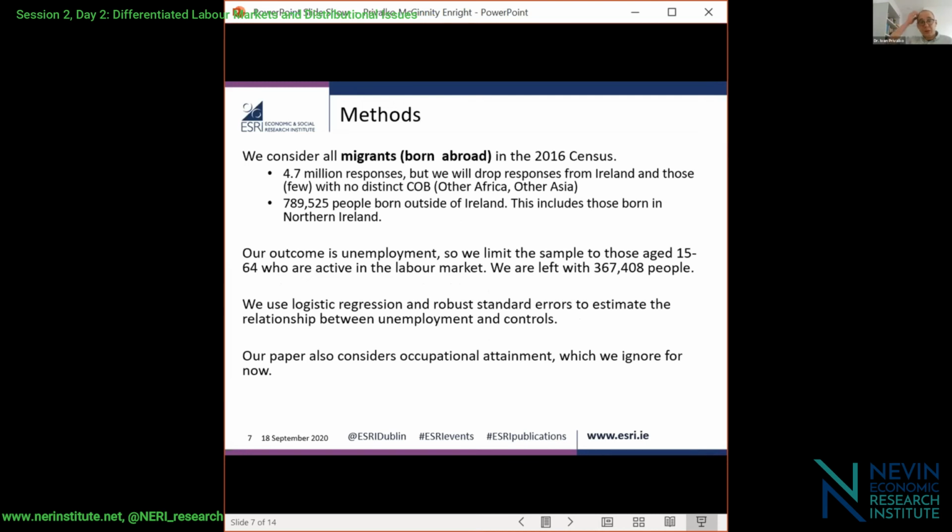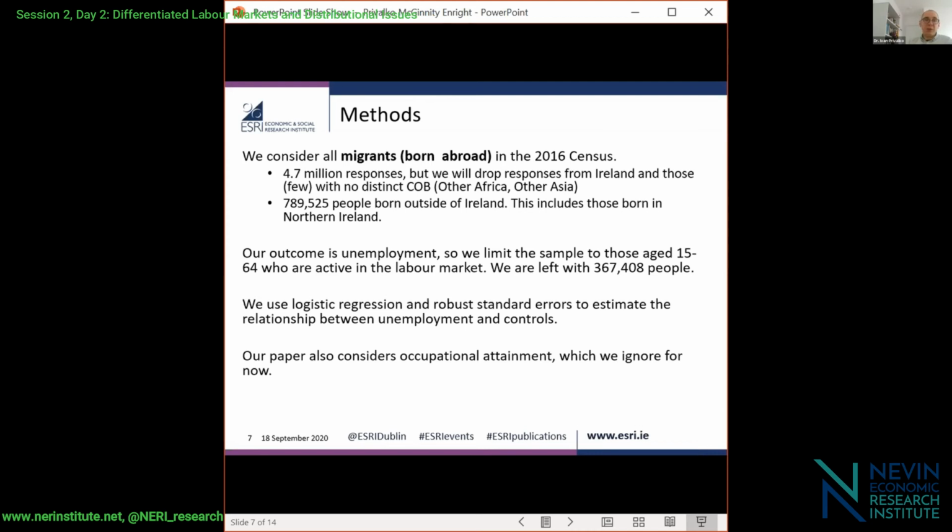So for the methods, we're using the full Irish census for 2016. There are 4.7 million observations in there, but we're only interested in people born outside of Ireland, and those who don't say that their country of birth is a residual group like other Africa or other Asia. Once we restrict to people aged 15 to 64, we're left with about 360,000 observations from over 120 countries.